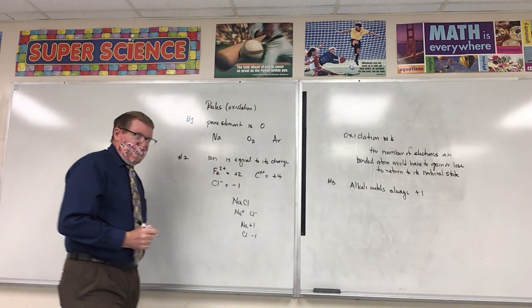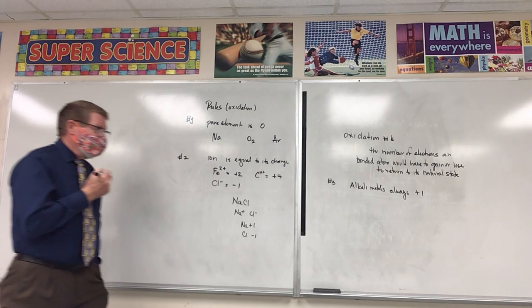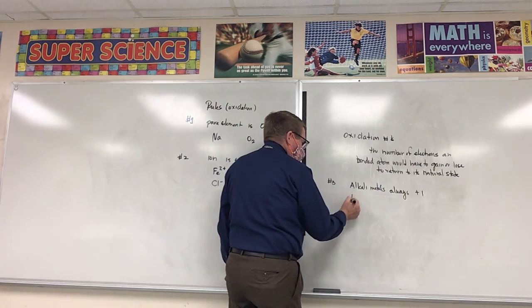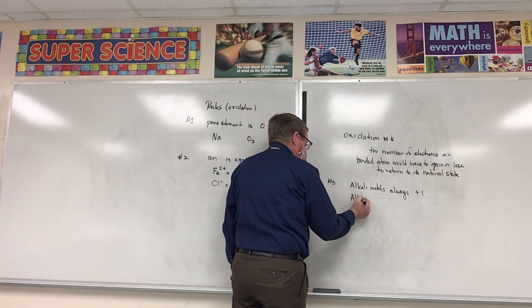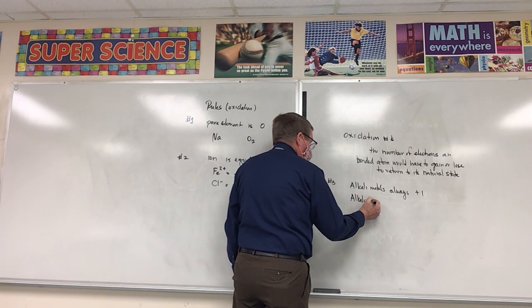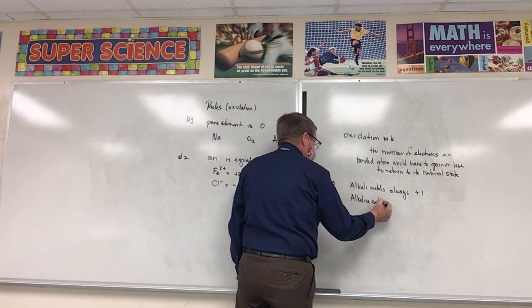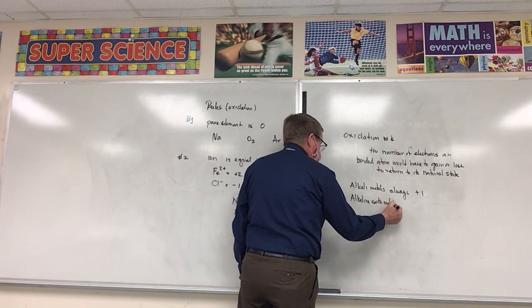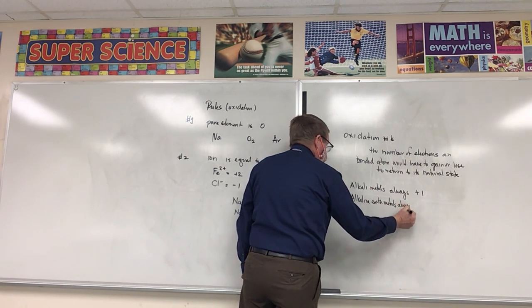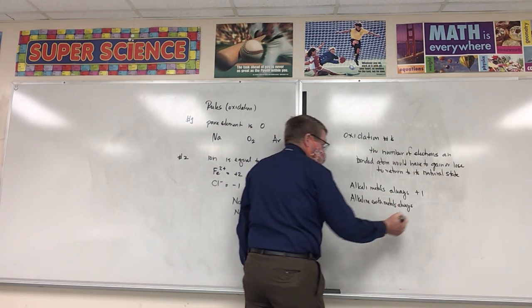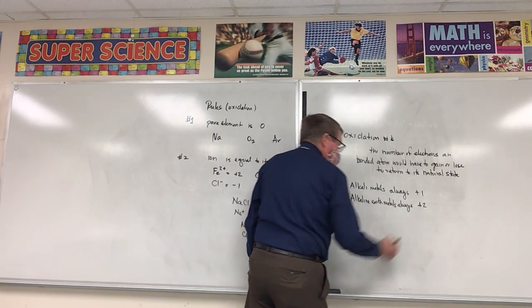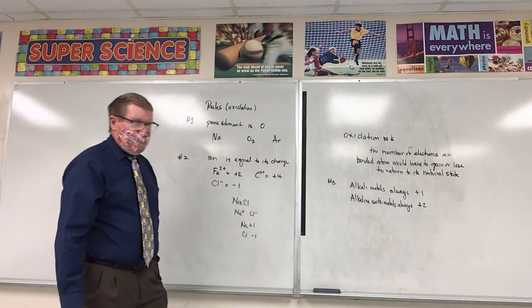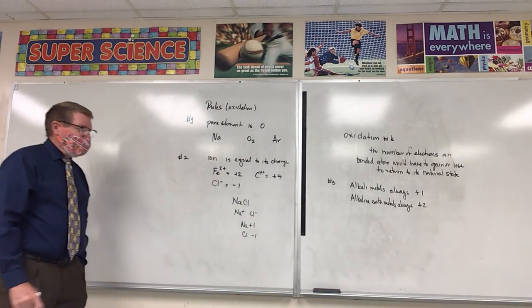Alkali metals always have an oxidation number of +1. So alkaline earth metals always have a +2 because they have 2 valence electrons, they're always going to lose them.